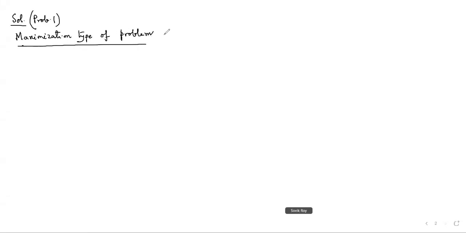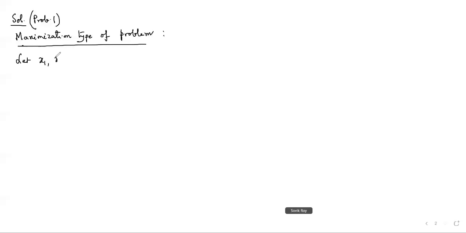Now, if I talk about the solution of problem 1, immediately we can say that this problem 1 is a maximization type of problem. Okay, and he wants to maximize the sale price. So how to start formulating the problem? Let's begin.